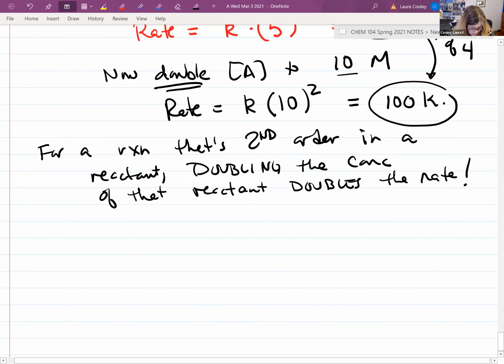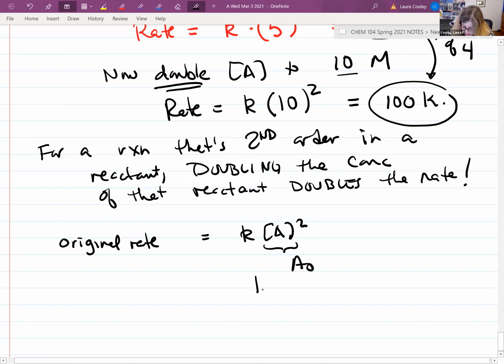If you're mathematically inclined, you could see it like this. The original rate is K A squared. Let's call the initial concentration of A, A0, so K A0 squared. Now double the concentration of A. So now it's 2A0.